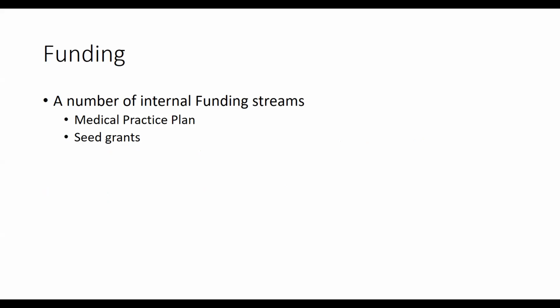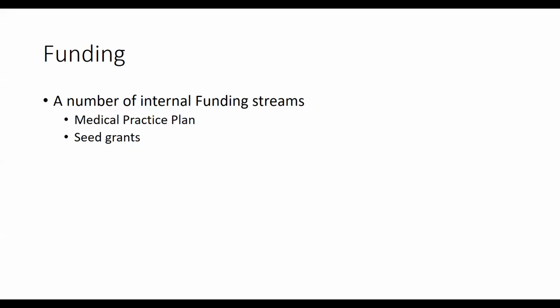We have a number of internal funding streams. The main one is the medical practice plan, also known as the MPP. This is referring to the practice plan of our faculty, so the money is coming from clinical income, and part of it is dedicated to research purposes.